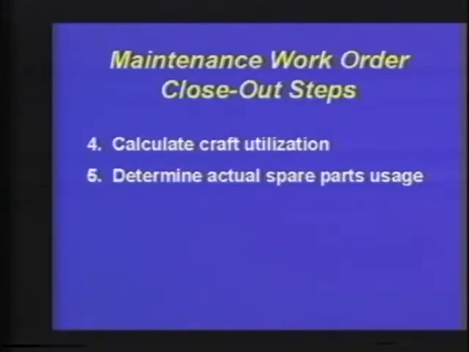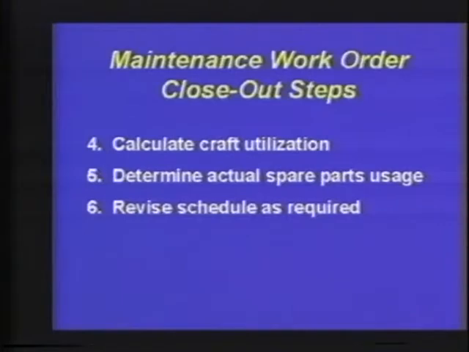Maybe we had too many of the spare part required, but these are things that you're going to get involved with as you refine the individual PM work orders as a byproduct of the actual execution and reporting against those work orders. You will also revise the schedule as required, which means you're going to take that work order off the schedule in its entirety.